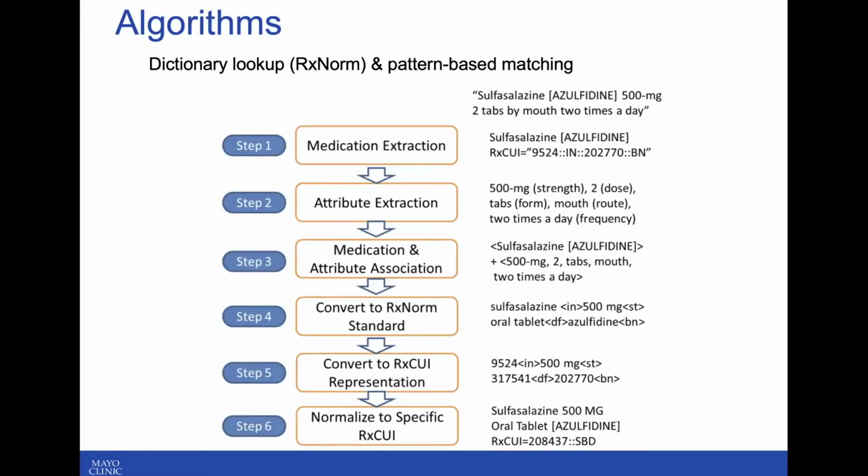How do we do that? We use dictionary lookup. RxNorm serves as a dictionary, and we use pattern matching techniques like regular expressions to extract the medication information, names, and attributes, then associate them together, convert them to the RxNorm standard, and map them to the RxCUI.